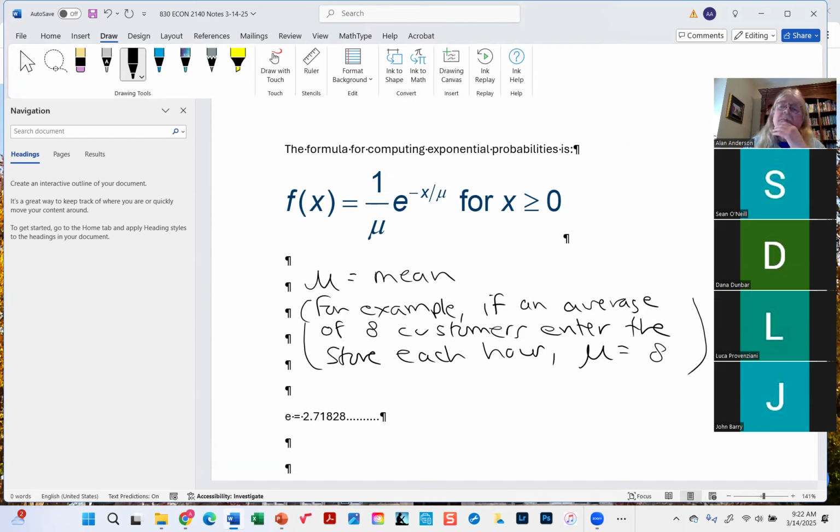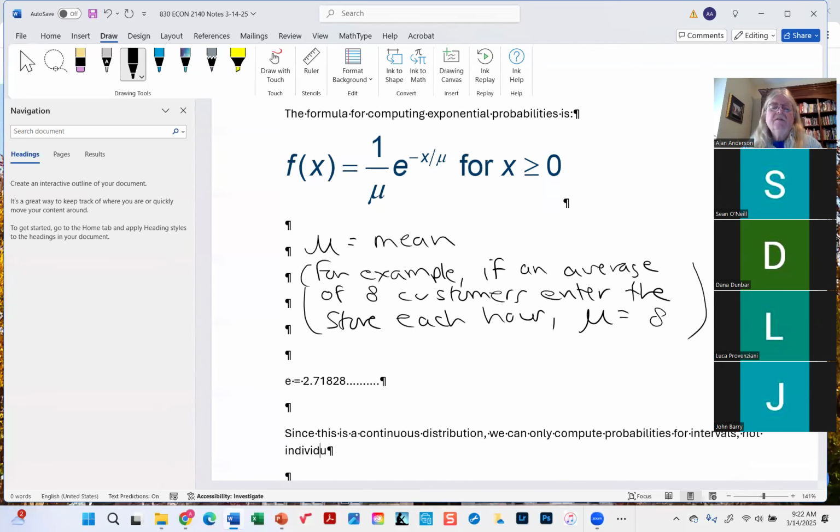We saw this also in the Poisson distribution. So now keep in mind, since this is a continuous distribution, we can only compute probabilities for intervals, not individual values.